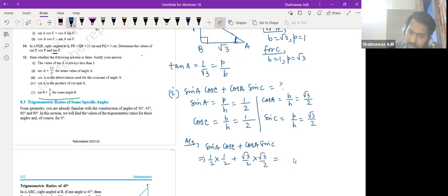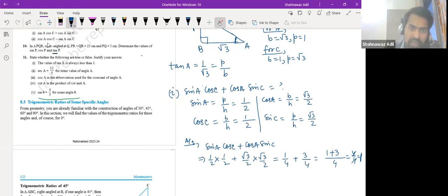So this would be 1 by 4 plus 3 by 4. So this is 1 plus 3, which is 4 by 4, which is 1. So this would be 1, right?